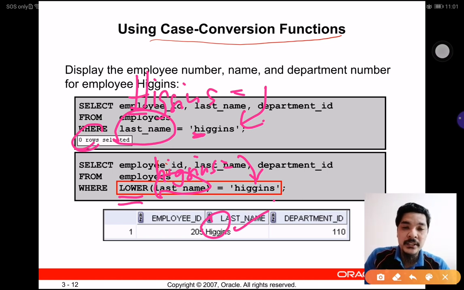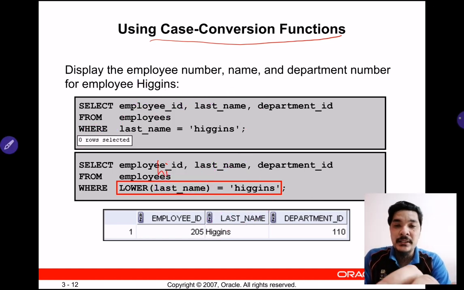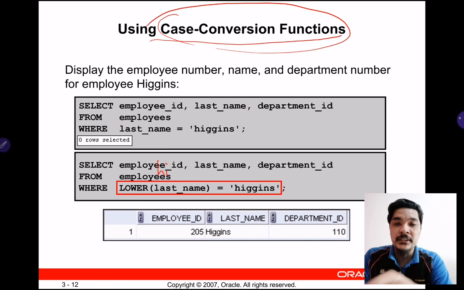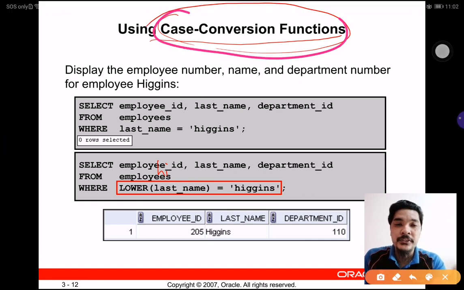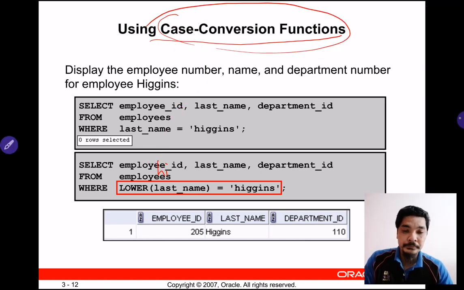This is why we need to use a case conversion function to compare, and at the same time we can get the result even though the original data in our database or table is in small or capital letters. Okay, move to the next one.